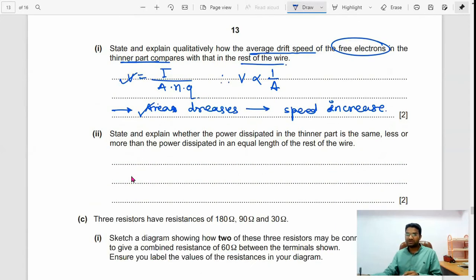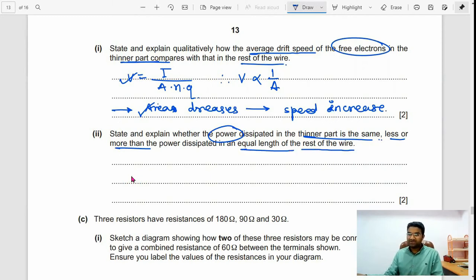Now the second part is: state and explain whether the power dissipated in the thinner part is the same, less or more than the power dissipated in an equal length of the rest of the wire. Now I hope you know the relation between the power and the resistance.